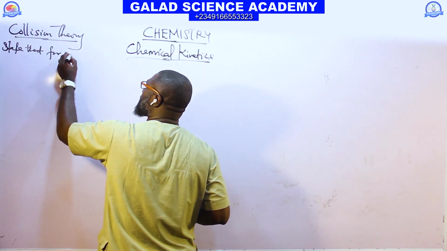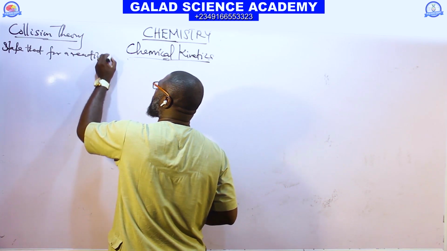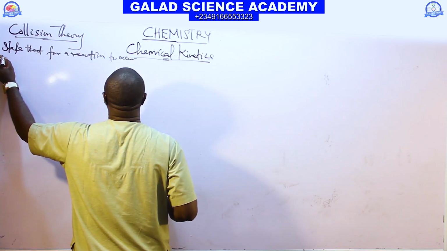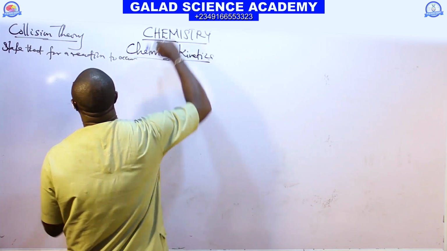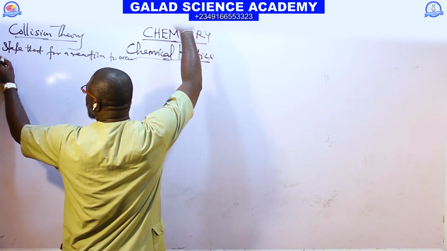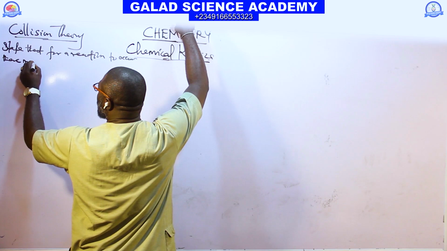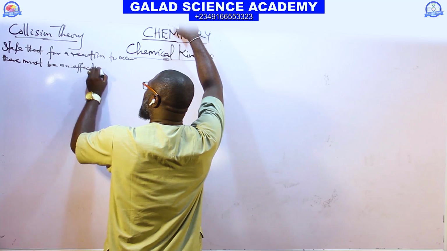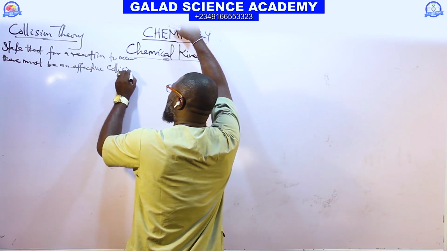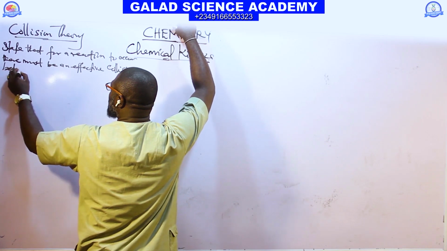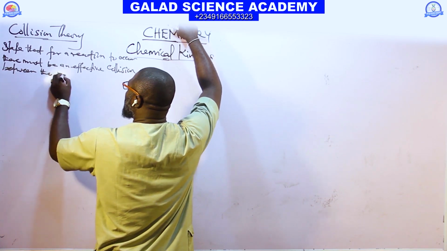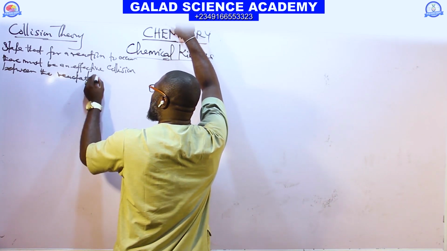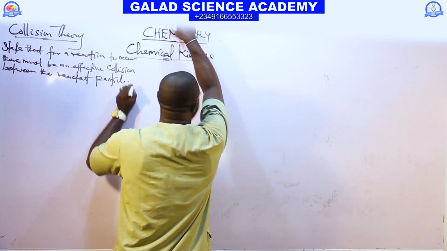So the collision theory states that for a reaction to occur, there must be an effective collision between the reacting particles.